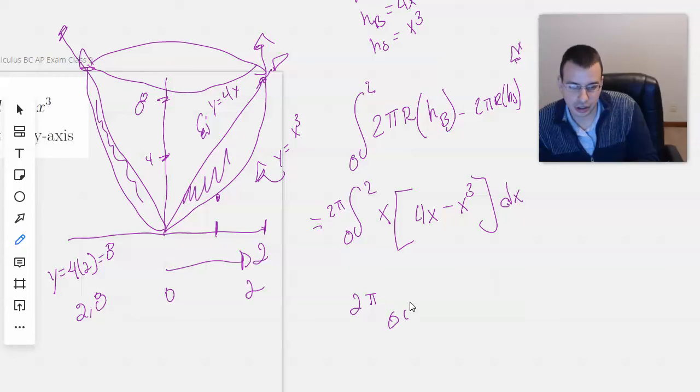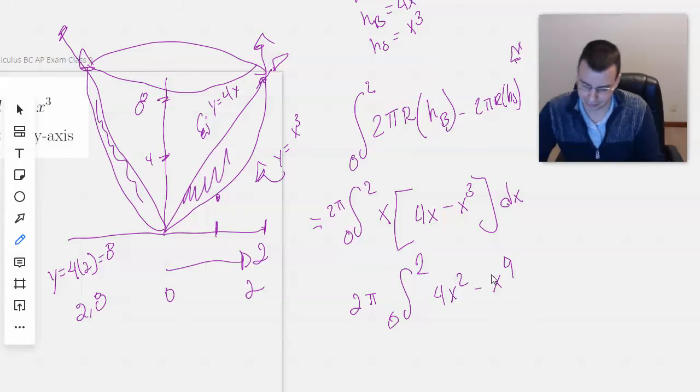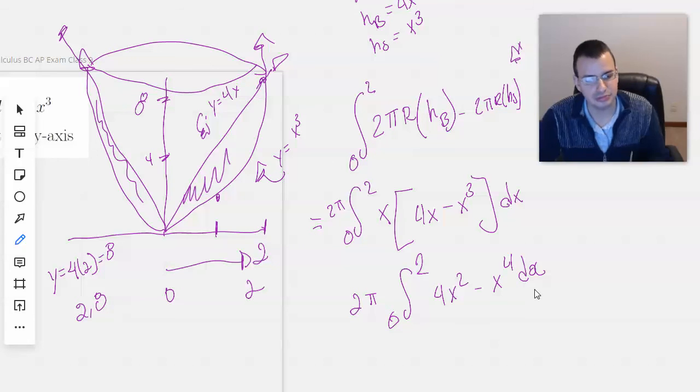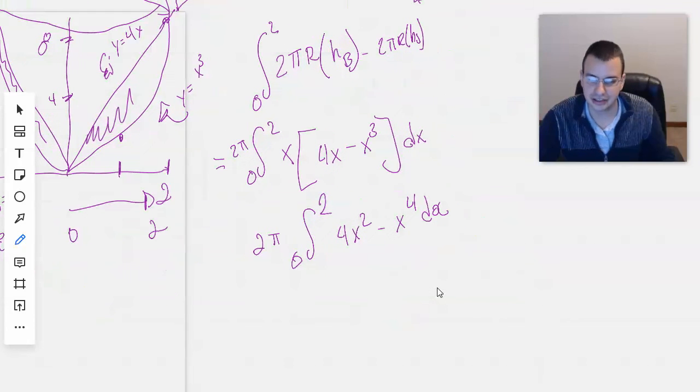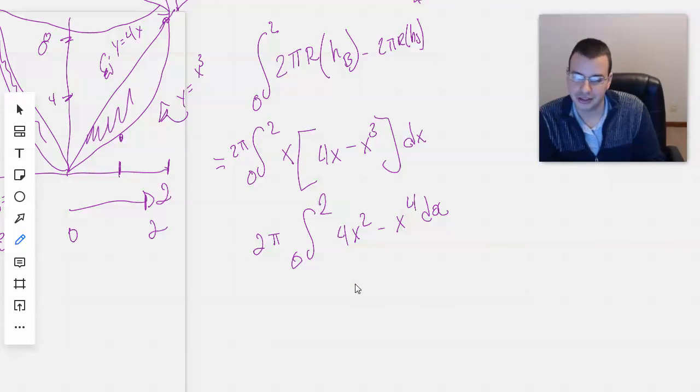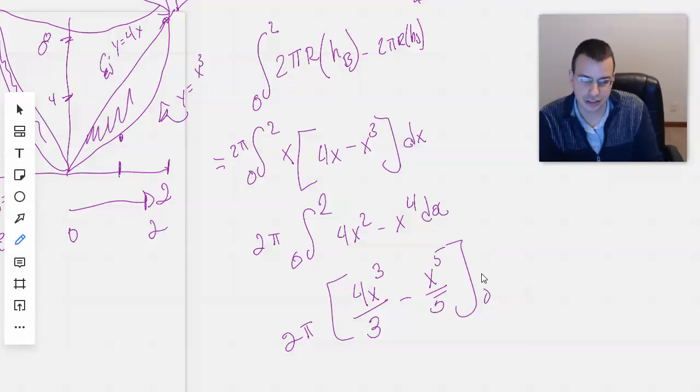And then factoring through a little bit, we got 4x squared minus x to the fourth dx. Ooh, that's a very fancy delta x. Which gives us then 4x cubed over 3 minus x to the fifth over 5 times 2 pi, from 0 to 2.